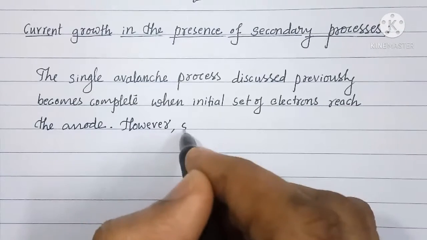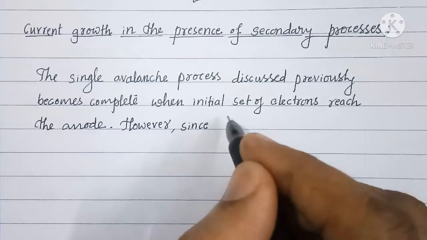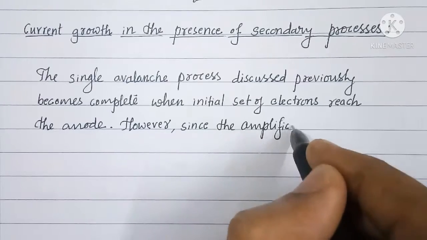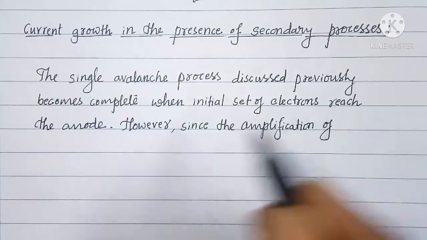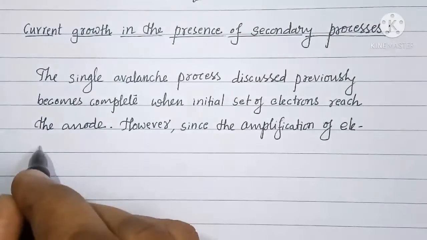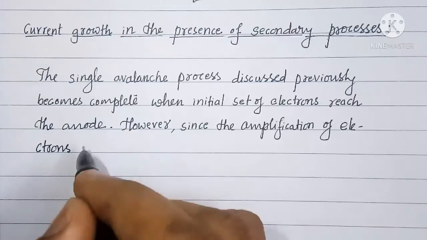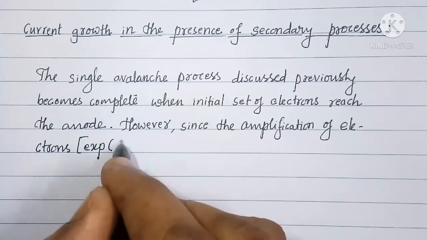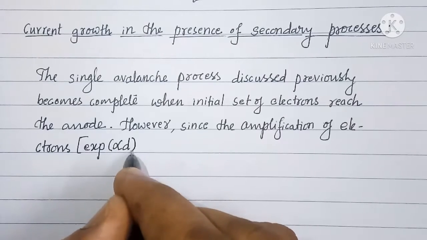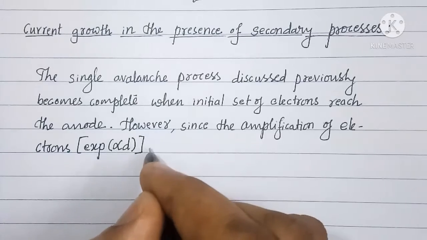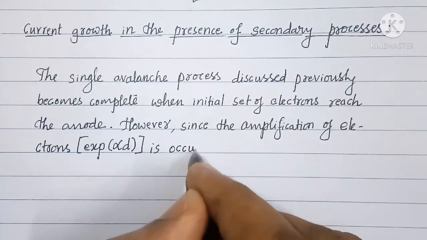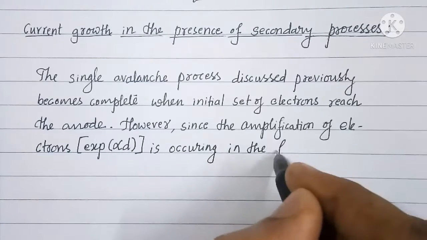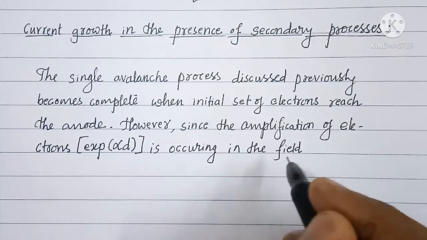However, since the amplification of electrons by a factor of exponent of alpha d is occurring in the field. Where is the field? Field is between anode and cathode.